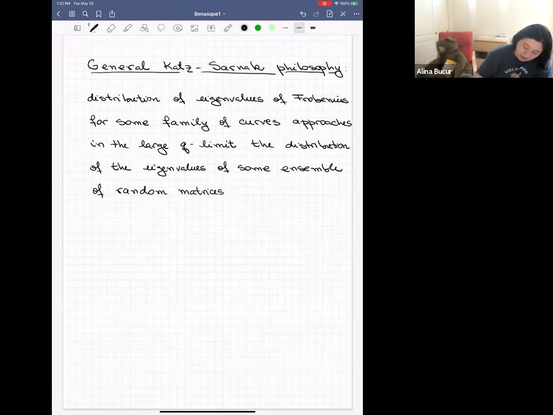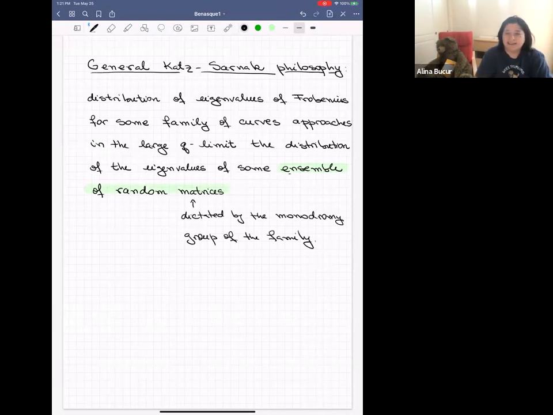And this ensemble of random matrices, I can use colors, this guy is dictated by the monodromy group of the family. And a lot of mathematics has sprung from this.